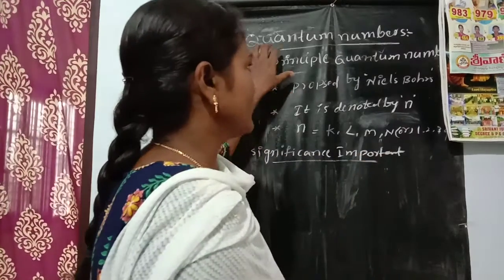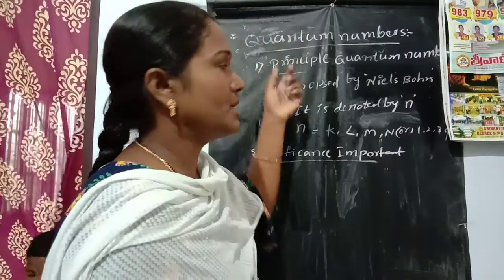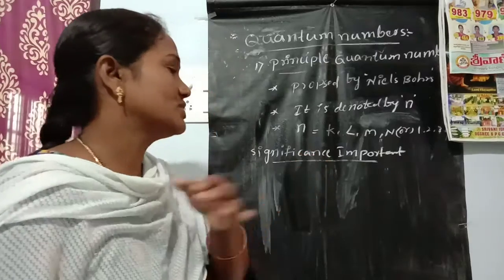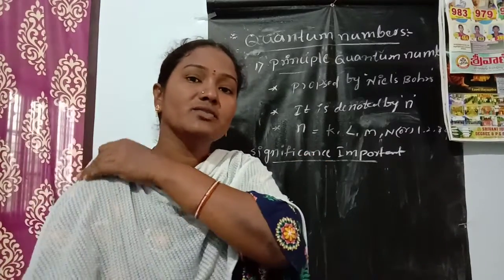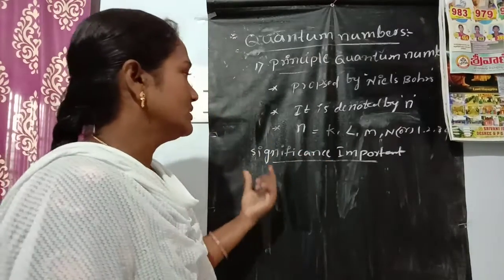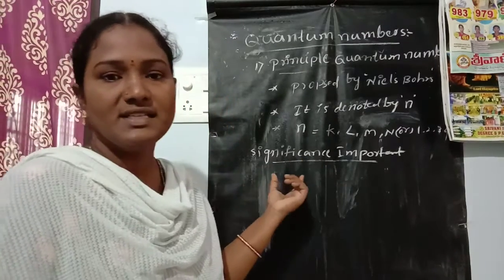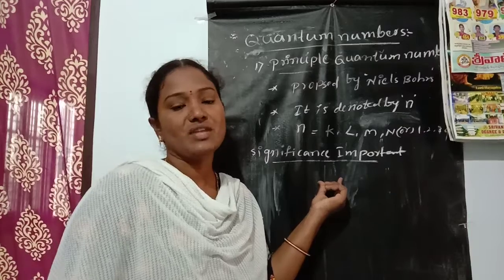The principal quantum number is proposed by Niels Bohr. It is denoted by small n. The n values are K, L, M, N or 1, 2, 3. Its significance is that it describes the size and energy of the orbit.